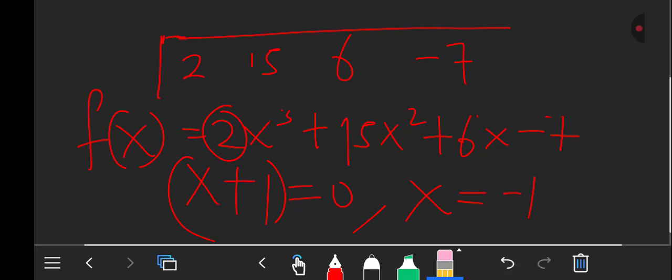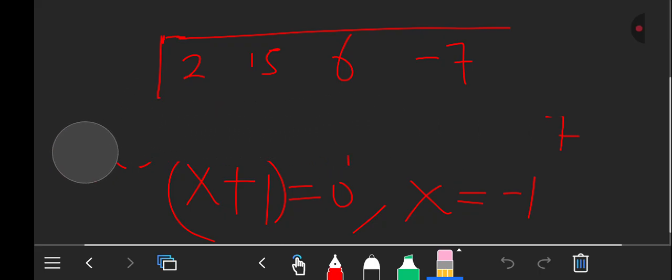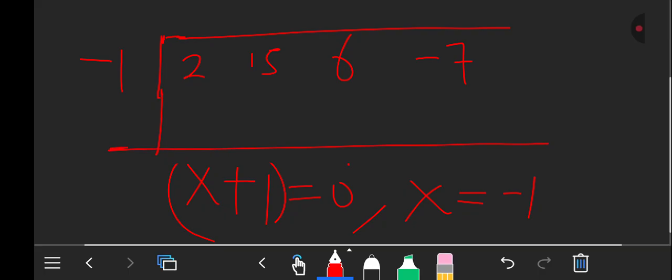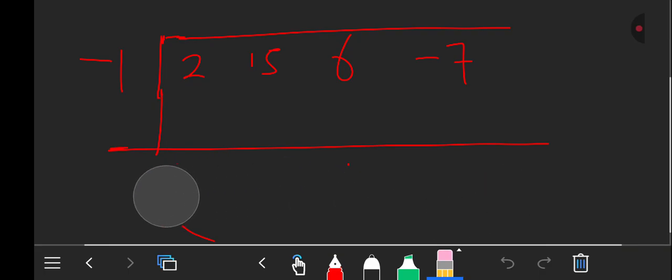After you do this, we said x is equal to -1 is what can make the function equal to 0, right? So you put -1 there. Then you do a line like that. So we already have x plus 1 as our factor. Let me just write it somewhere. x plus 1 is one of the factors.